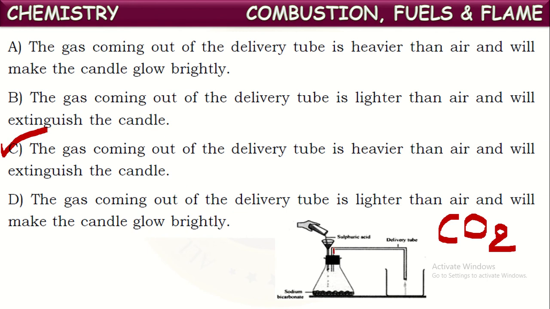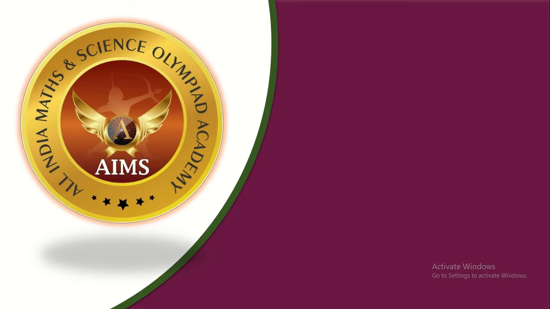This is the correct statement, isn't it? Because the gas coming out of the delivery tube is carbon dioxide. It is heavier and it comes down. And it is a non-supporter of combustion, so it immediately extinguishes the candle flame. Okay, that is correct. That is about the level 2 practice sheet on the chapter combustion, fuels and flame.